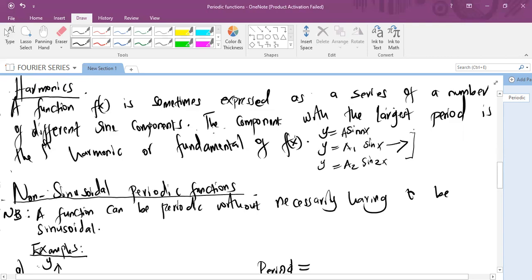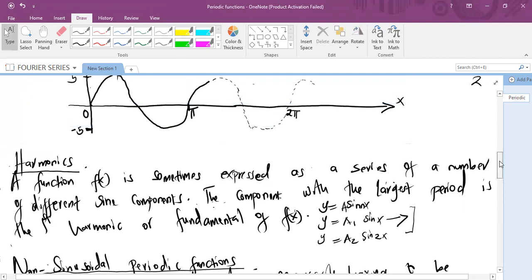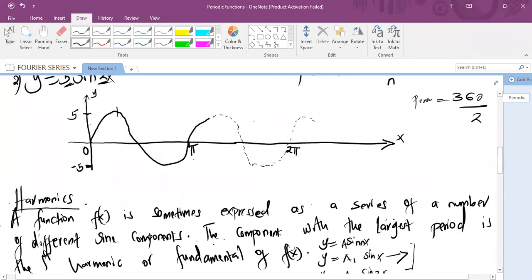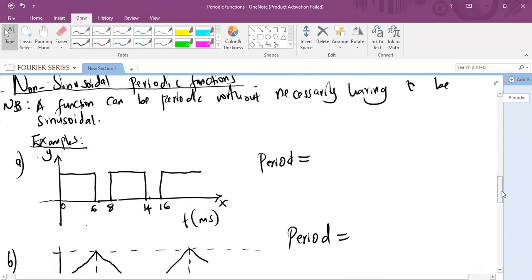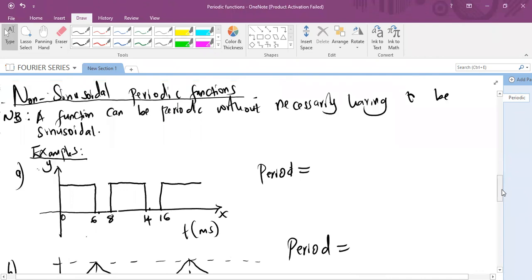Now, non-sinusoidal periodic functions. We've looked at the sinusoidal ones. The sinusoidal ones are basically the ones that have the form of a sine curve, like they curve like that. Now, one thing we need to note is that a function can be periodic, it has the repetition, without necessarily having to be sinusoidal.